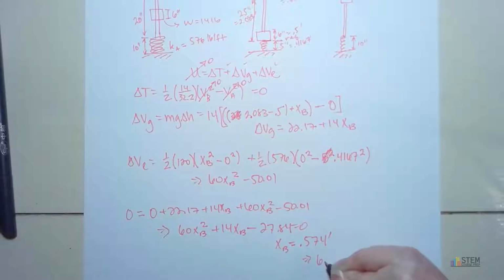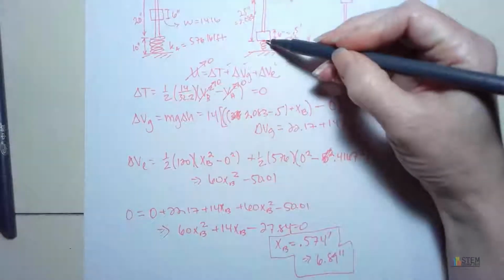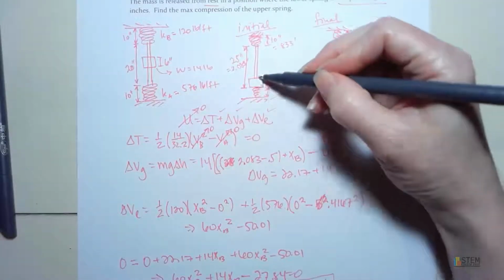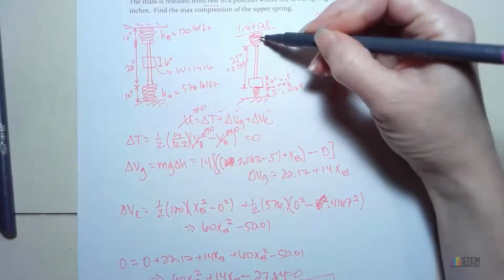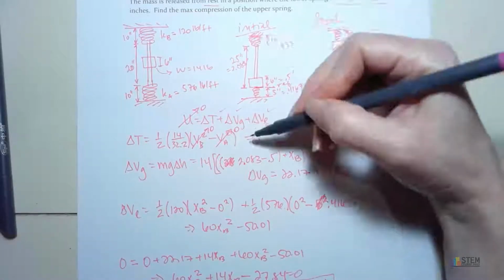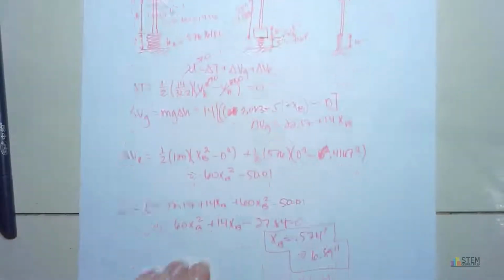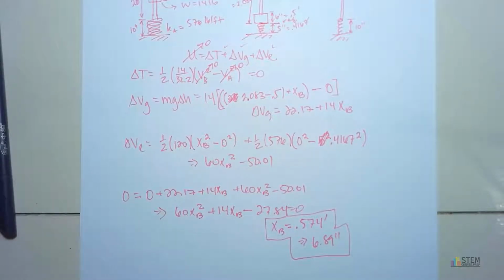If you want it in inches, that's 6.89 inches. So basically, once we let this slider go, it's going to slide up, it's going to hit that spring, and it's going to keep moving 6.89 inches until it stops. And then eventually it falls back down. But that's how you go about doing a problem like that.